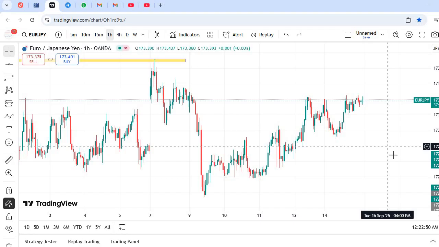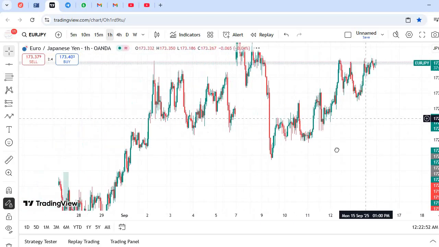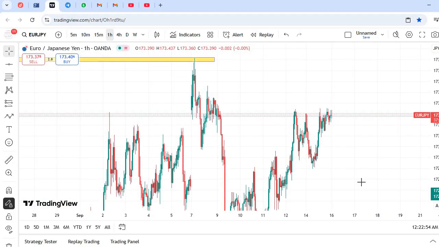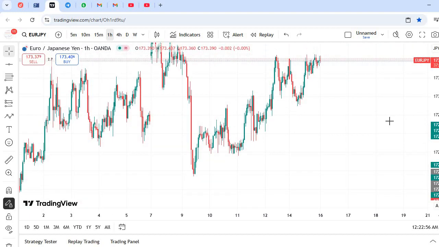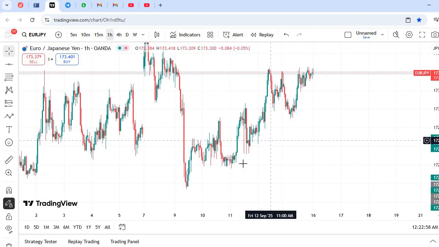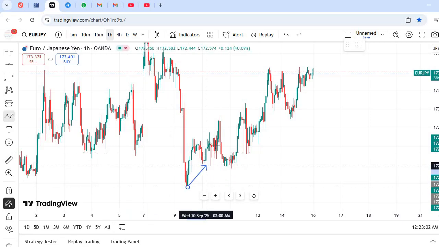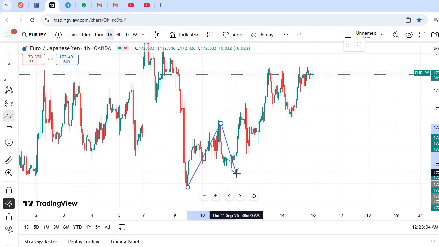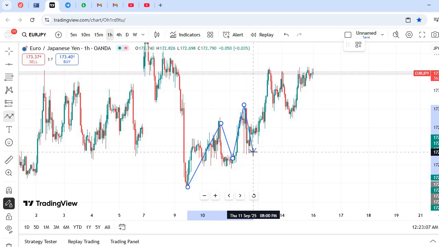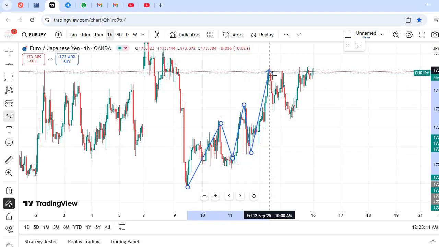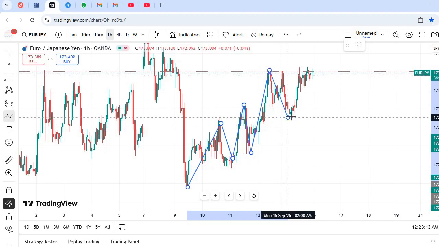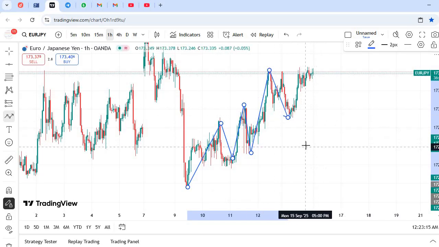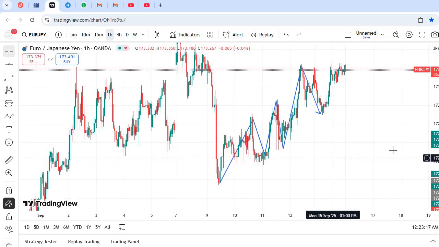This is Euro JPY, 1 hour time frame. So this is an uptrend. Can you see? A push, a pullback, higher high, higher low. Can you see? Higher high, higher low. So this is an example of an uptrend.